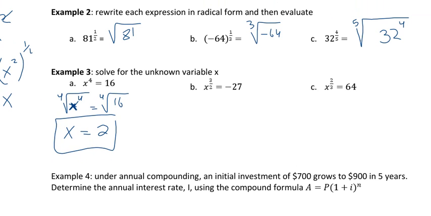Okay, so let's write this in radical form. Okay, it might be easier if we write it in radical form. So a radical form would be the square root of x cubed equals negative 27.